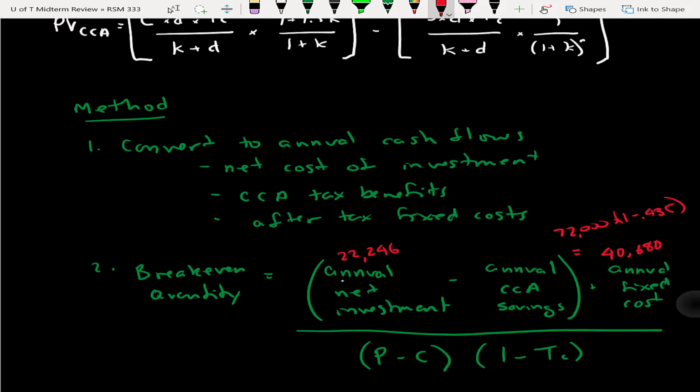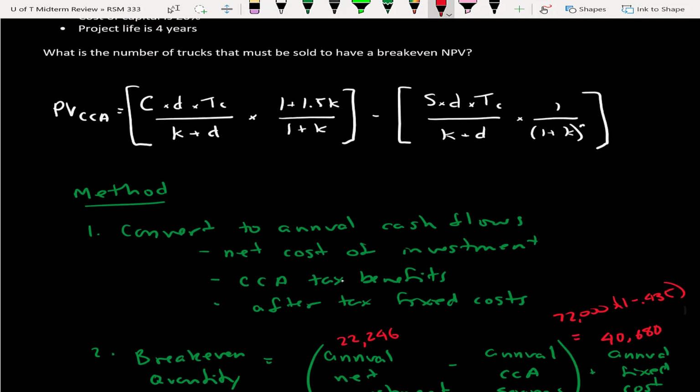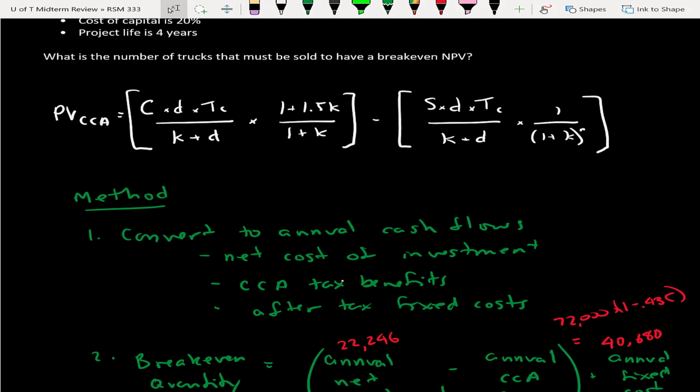The last one we need to calculate is the annual CCA savings. If we plug all of the numbers into the CCA formula here, the cost of the asset is 60,000, the CCA rate is 20%, the tax rate is 0.435, the discount rate and CCA rate are both 20%, and the salvage value is given as 5,000.